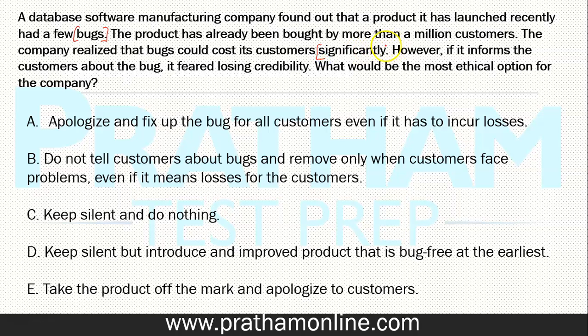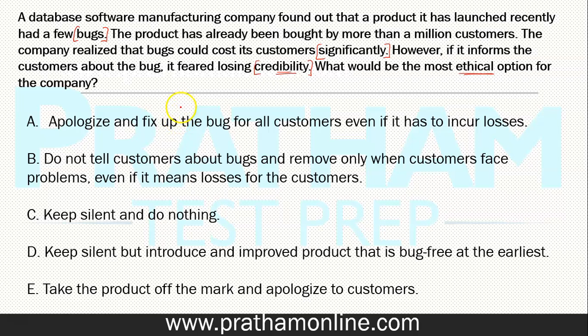So that means this bug is dangerous. However, if it informs the customers about the bug, it fears losing credibility. So if they talk about that bug, then they're going to lose the credibility. So what will be the most ethical option for the company? Can you see that? It has already mentioned ethical, right?